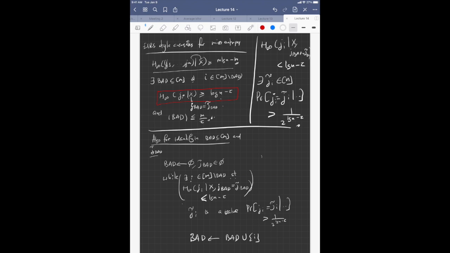We know that j tilde bad has some large probability, but it's still not large enough. By conditioning on these events, we could reveal a lot of information to Alice and Bob. So we'll talk more about this issue in the next lecture.